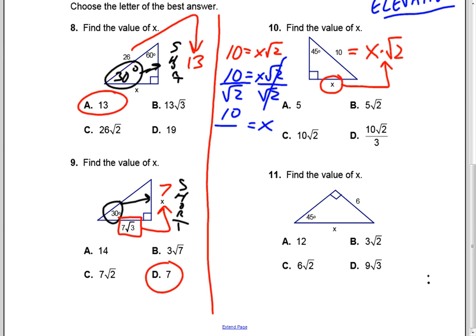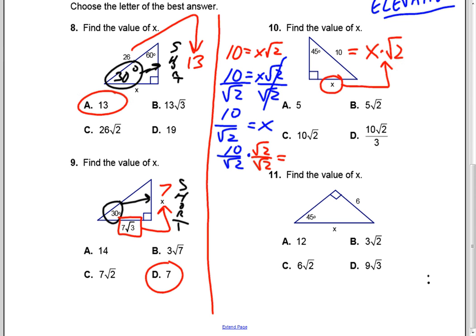That is a perfectly legitimate answer, but do you see it anywhere in your choices? No. How do you get rid of a radical off the bottom? I got to multiply by the same radical on the top and the bottom. That makes it prettier on the bottom. That's the only reason we're doing this.